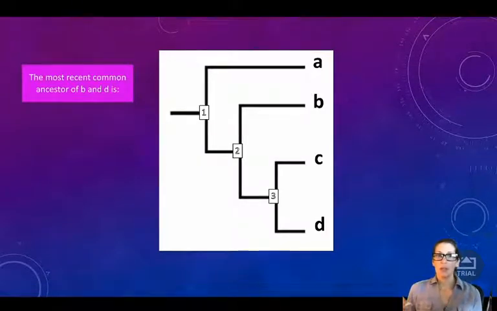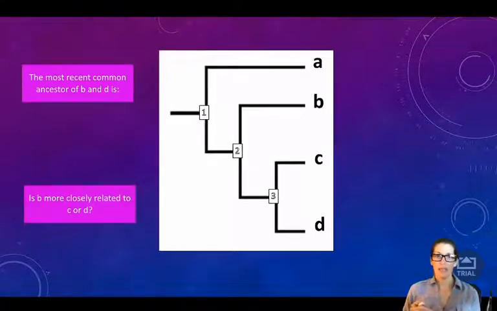Let's just go back and review. Looking at this tree based on what you've learned, who is the most recent common ancestor of B and D? And then ask yourself, is B more closely related to C or to D?